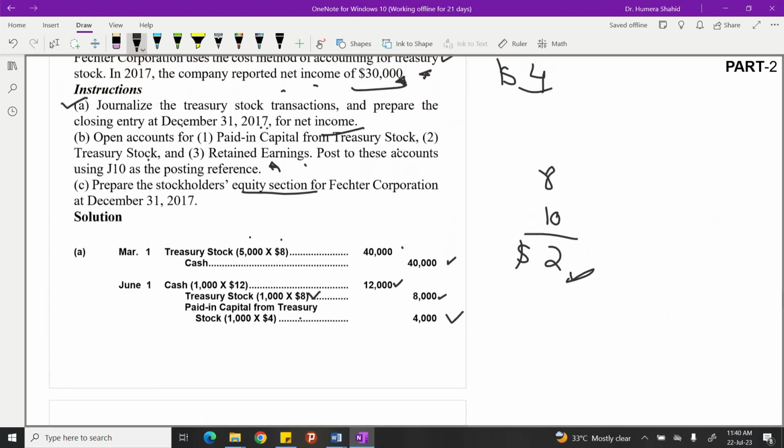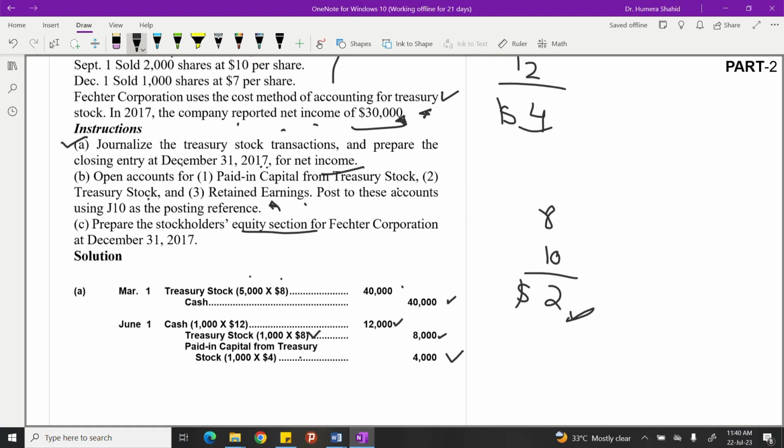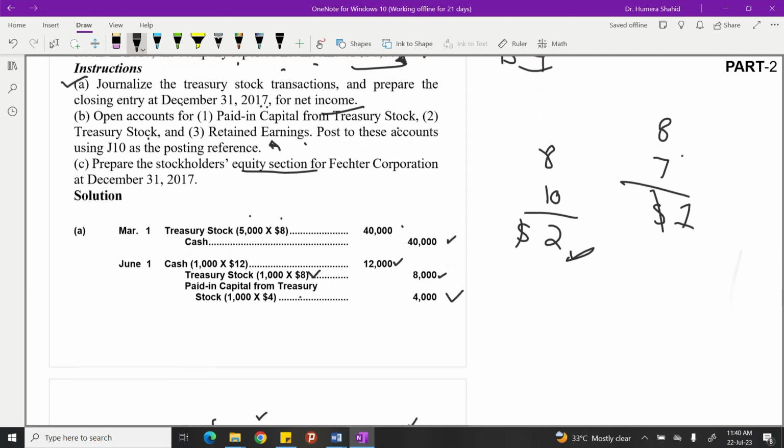December 1st, it sold 1,000 shares at $7. So our cost was 8, issue price is 7, shortage is $1. Can we debit the paid in capital from treasury stock account? Yes, we can, because we have credited it 2 times.